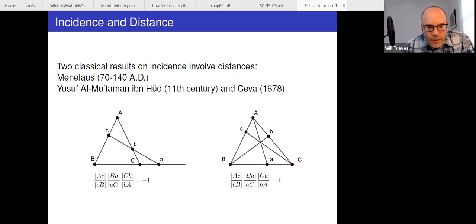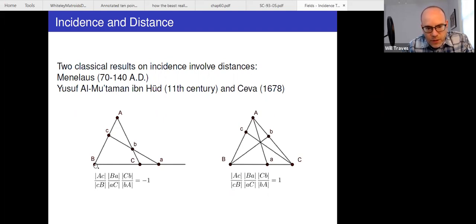And the special way is recorded in terms of these products of quotients of oriented distances. So notice that I've got AC here, capital A going to lowercase c, and that's the distance from here to here. And then we divide by the distance along the rest of the segment from C to B. And then that's this first quotient.